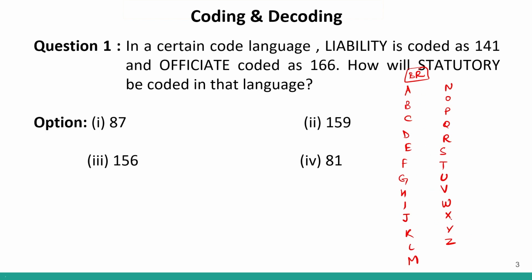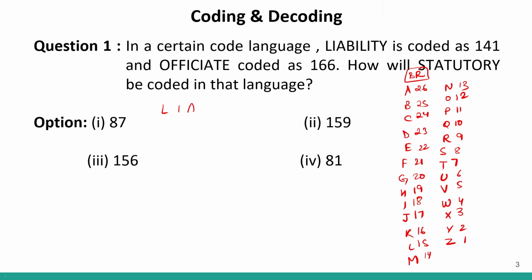From A we are going in a decreasing manner. So 1, 2, 3, 4, 5, 6, 7, 8, 9, 10, 11, 12, 13, 14, 15, 16, 17, 18, 19, 20, 21, 22, 23, 24, 25 and 26. These are your backward ranks.